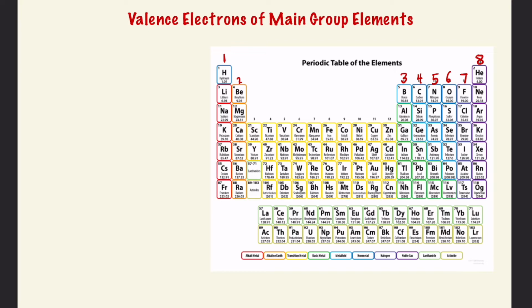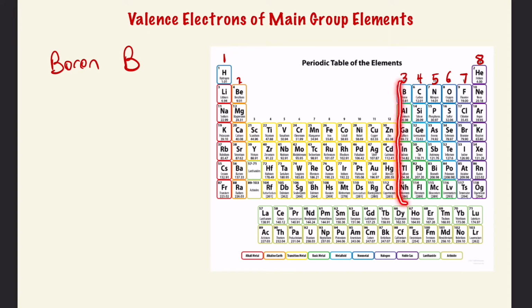What if I were to ask you how many valence electrons are in neutral boron? Boron has the symbol B, and if you look at the periodic table, boron is over here. And what group is this in? This is in group number 3, or 13.